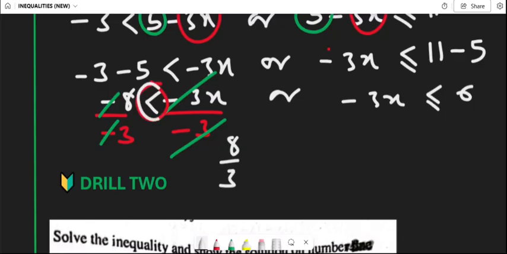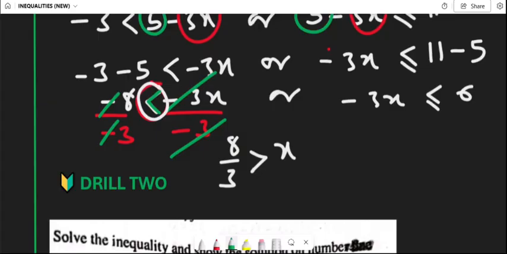Before it was less than, now it will be greater than x. As you can see, the inequality sign was less than, but because I divide by minus 3, it turns to greater than. This is how you deal with signs of x if it is negative.